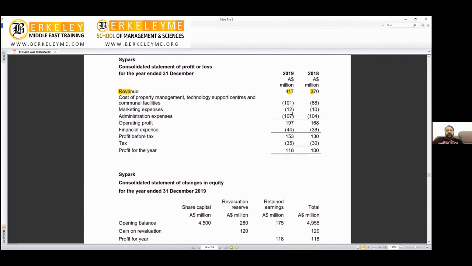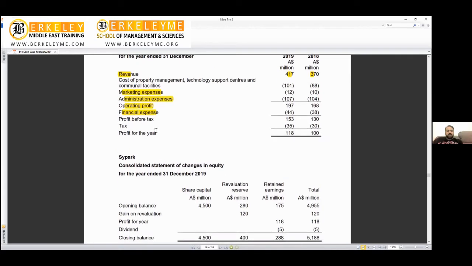So cost of property management is there, marketing expenses, administrative expenses, operating income, and financial expense, which is on the loan that you take. Generally, these will be the finance expenses. Profit before tax is a really important item.